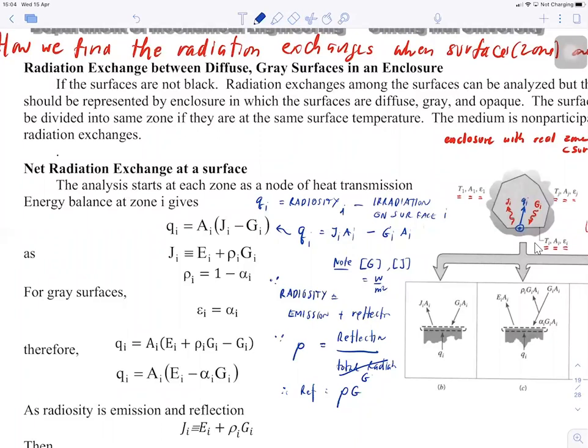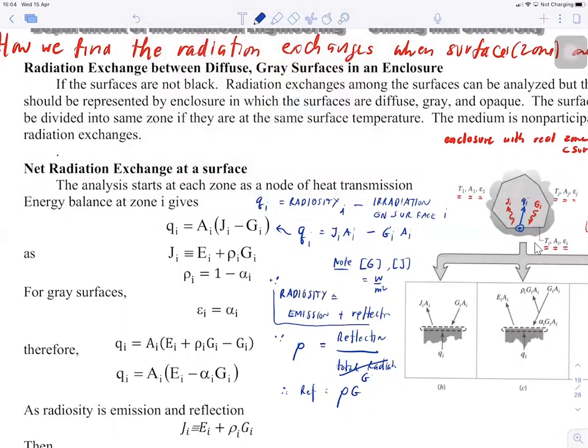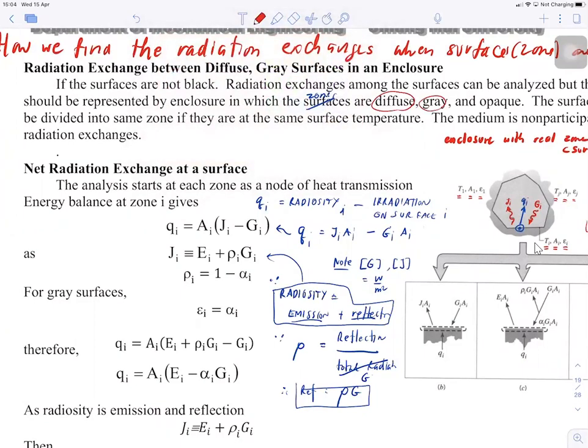So we're going to write this radiosity term into this. Emission, this is going to be that. Deflection, because we know that deflection equals rho G, is going to be rho I GI. And let's assume that the surface in the zone is diffuse, gray, and opaque.